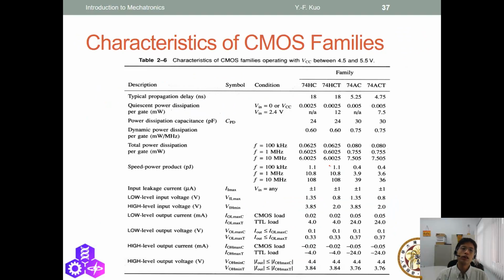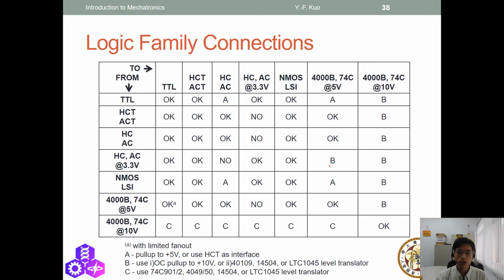And here we have the characteristics of the CMOS family. I'm not going into the details of this table. I will leave this to you, so just take a look. And how do we actually interface the CMOS with the TTL? Basically there are two families, transistor-to-transistor logic and the MOS logic. Can we interface them together, because they are different components?